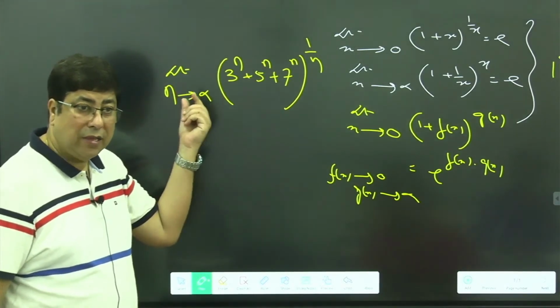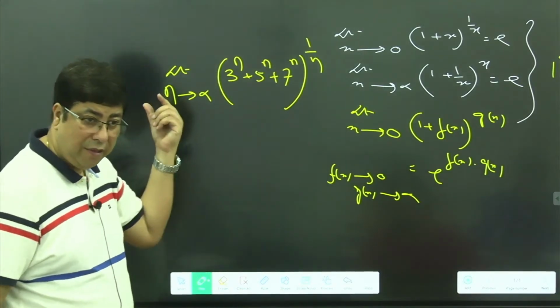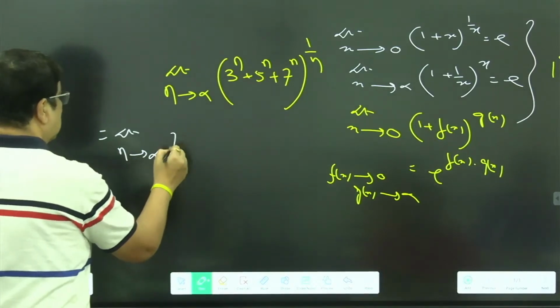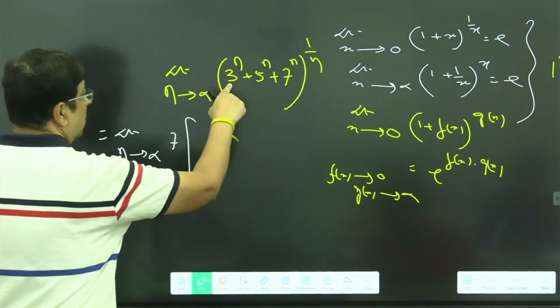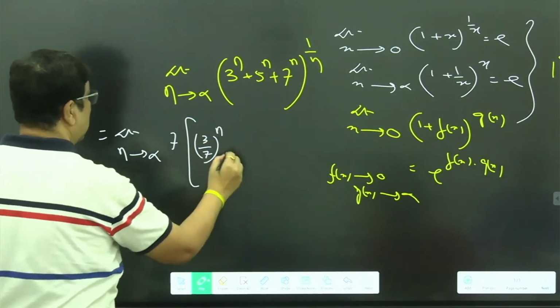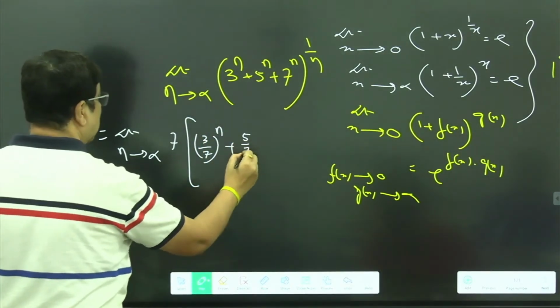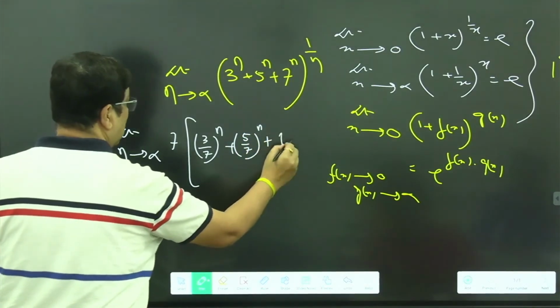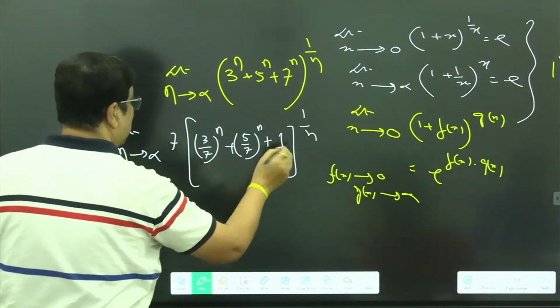So I am writing here limit n tends to infinity 7, and inside this is coming as (3 by 7) whole to the power n, this is (5 by 7) whole to the power n, and this is 7 by 7, that is 1, whole to the power n, which is 1.